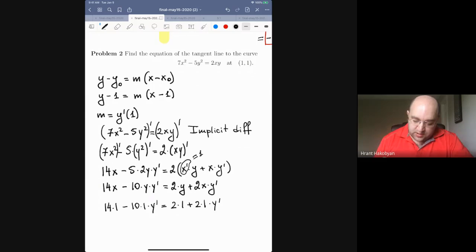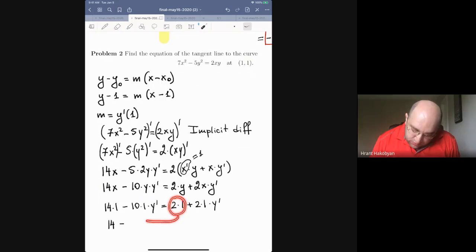And if I simplify, I'm going to collect the constant terms on the left-hand side. So I'm going to get 14 minus, this term here is going to go to the other side, so it's going to be minus 2. And that's equal to, on the left-hand side I have 2y prime, so I'm going to write that down.